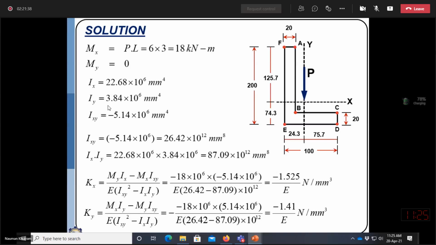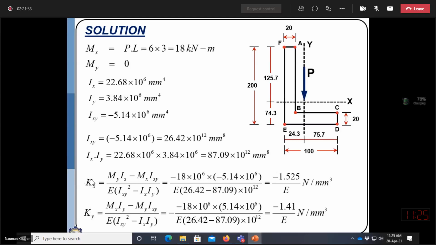Moment of inertia about y-axis is equal to 3.84 × 10^6, and product moment of inertia is equal to minus 5.4 × 10^6. Okay, here, first of all, we need to determine the curvatures kx and ky.